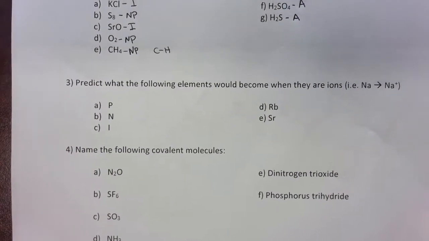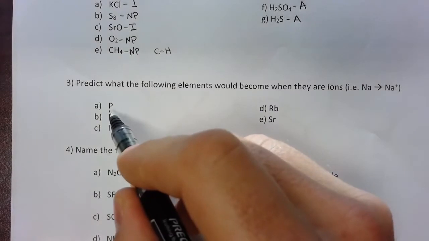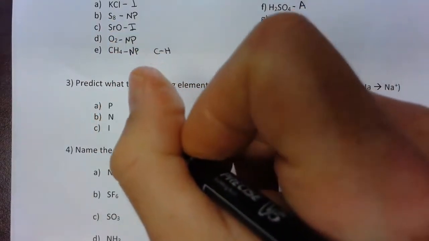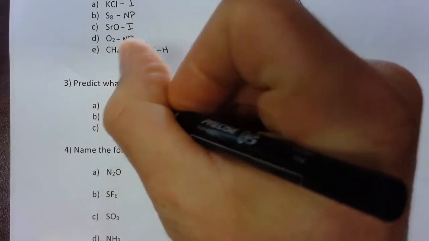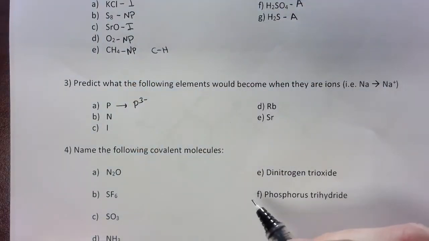Alright, number 3. Predict what the following elements would become if they are ions. Since phosphorus is in group 5, phosphorus will collect 3 electrons to become P3-, at which point it will have an octet.